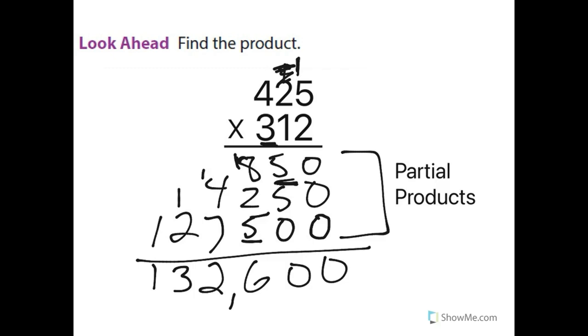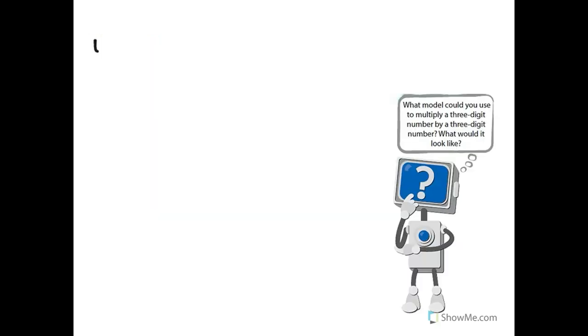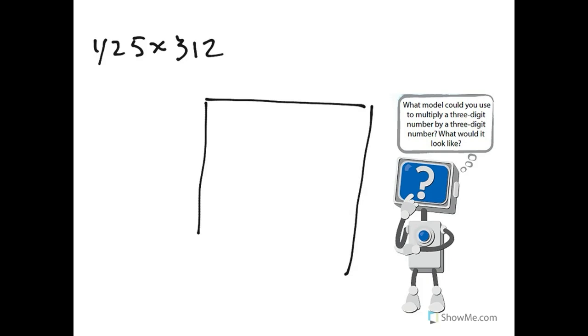Well, let's look at this. What model could you use to multiply a 3-digit number by a 3-digit number? What would it look like? Well, let me look back and see what that number is. We got 425 times 312. You know what I'm going to do? I'm going to do the, what is this called?